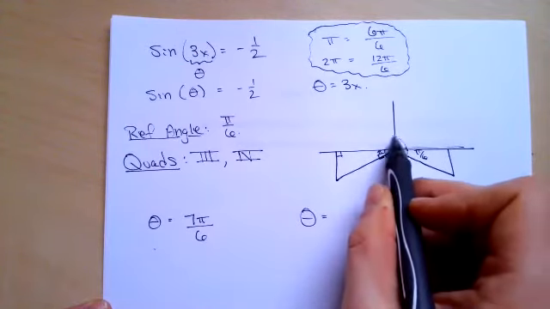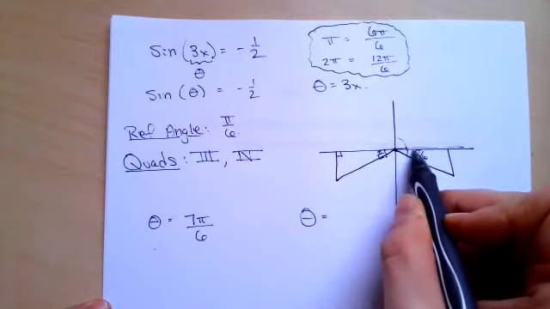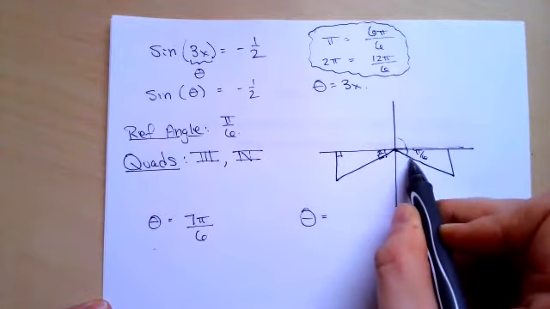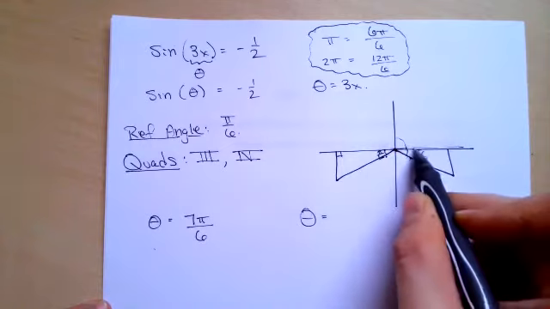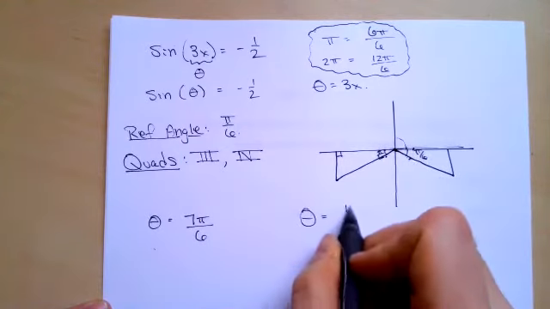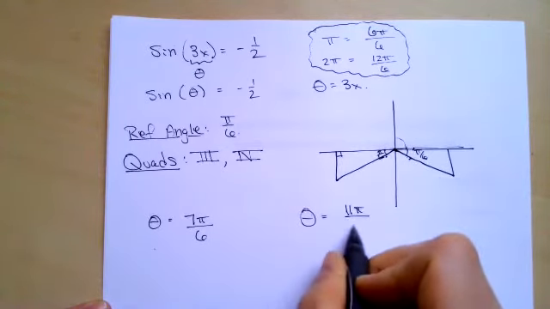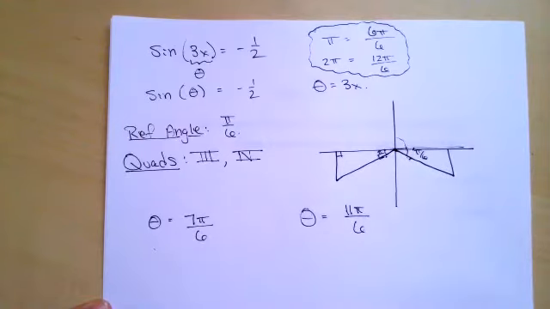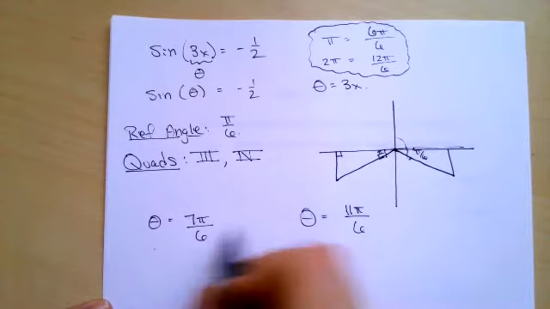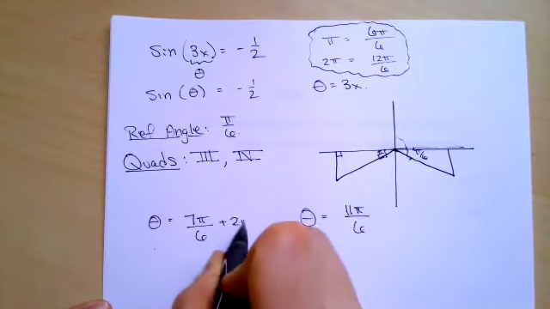So I can go 2 pi all the way around the circle and then back 1. So 12 pi over 6 minus 1 gives us 11 pi over 6. And then our last step for part 2 was just to add on the periodicity, plus 2 pi k.